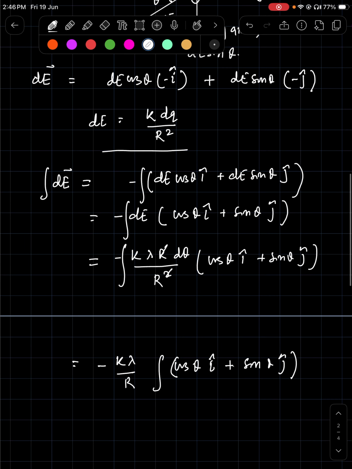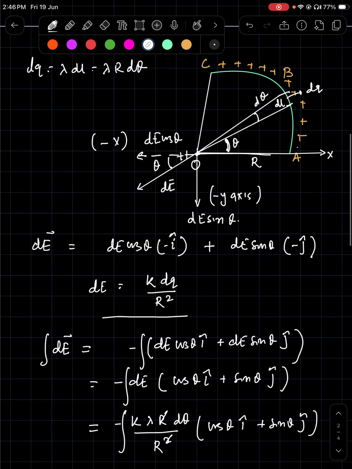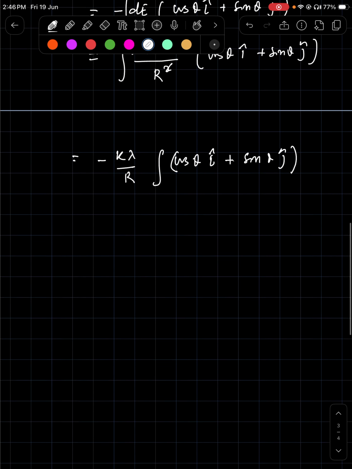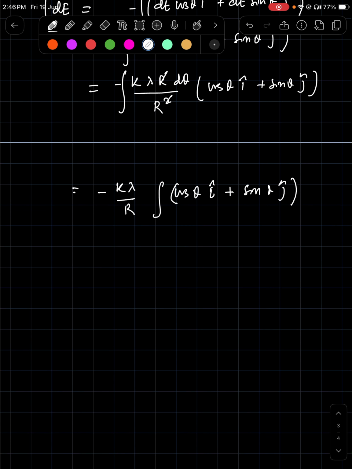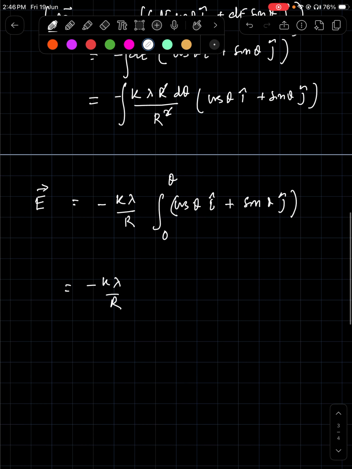The limits of the integration start from zero, because theta is the angle taken with the x-axis, so from 0 to theta. So the electric field becomes, now we use that the integration of cos theta is sin theta.